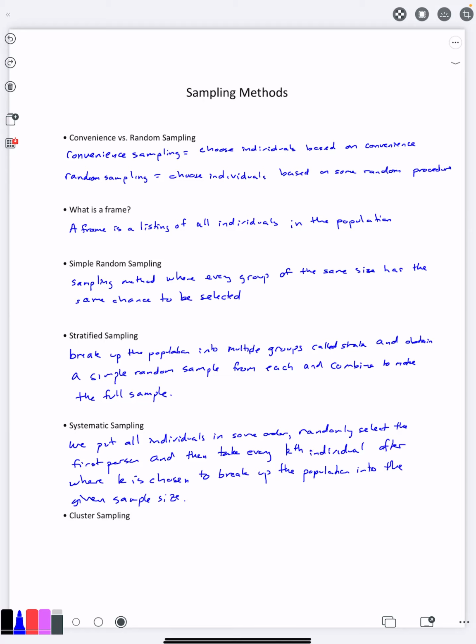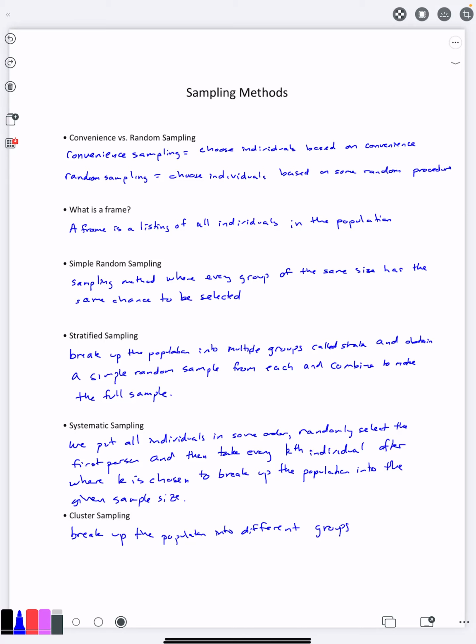The last one is called cluster sampling that we're going to talk about here. And so we're going to, again, break up the population into different groups. And previously we went to each group and said, give me a random few people from your group and then go to the next group and so on.